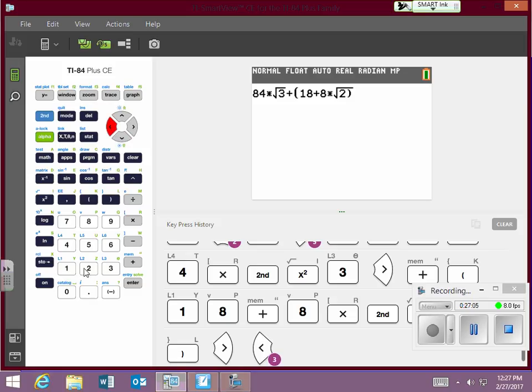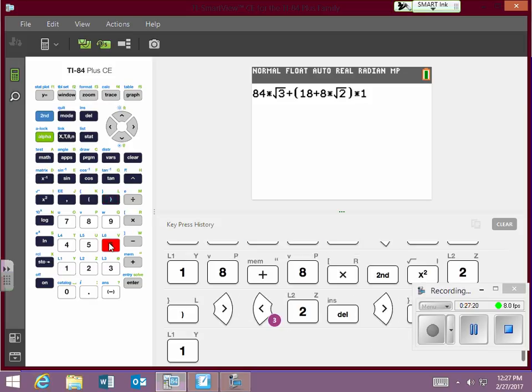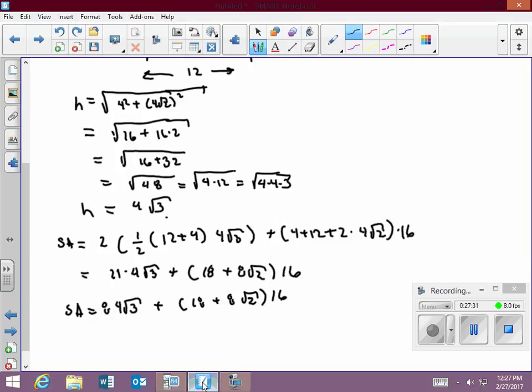So that's 2, delete, out from under there, bracket, times 16. 614.5. Is that what you come up with?